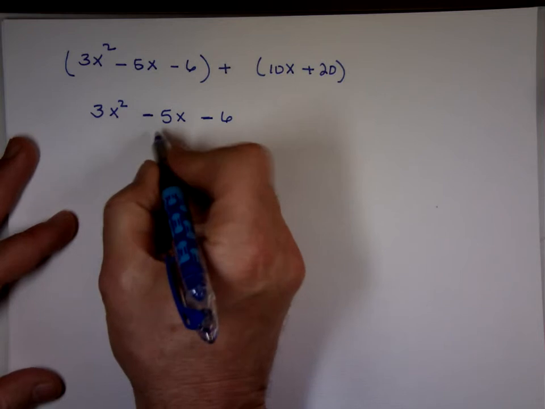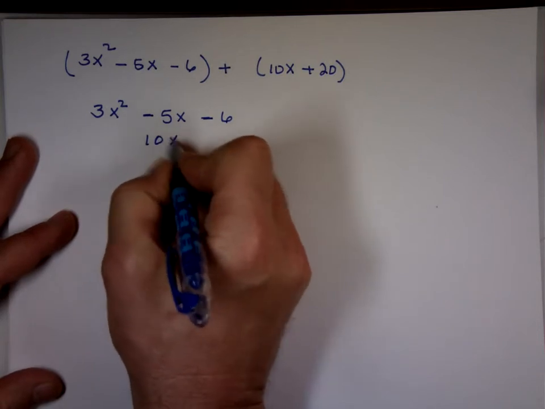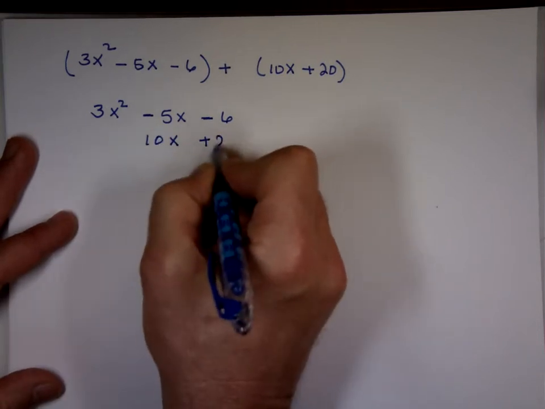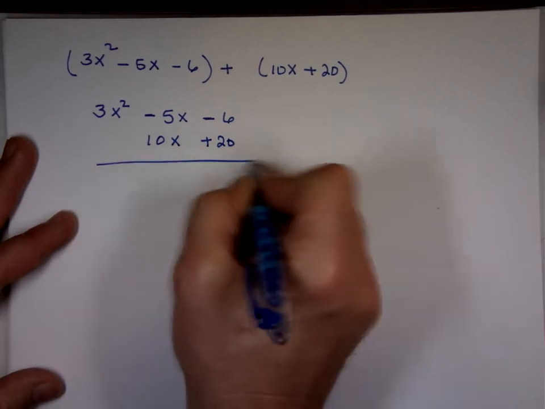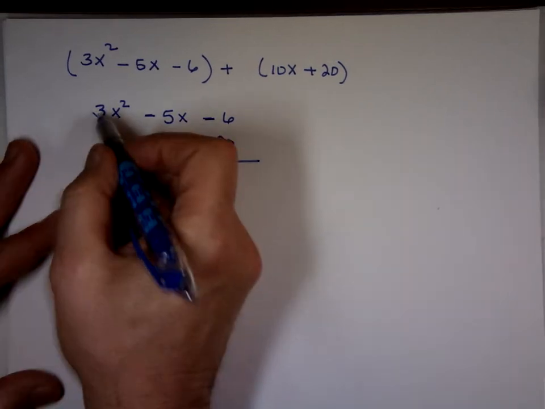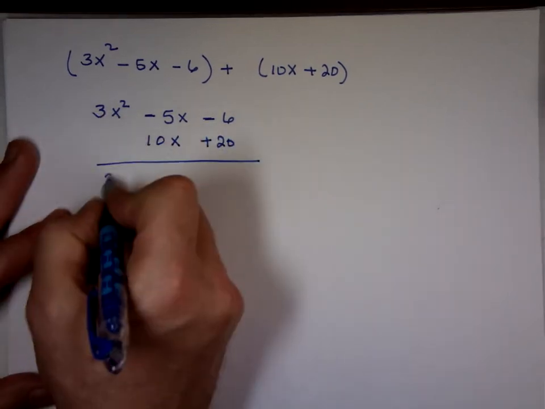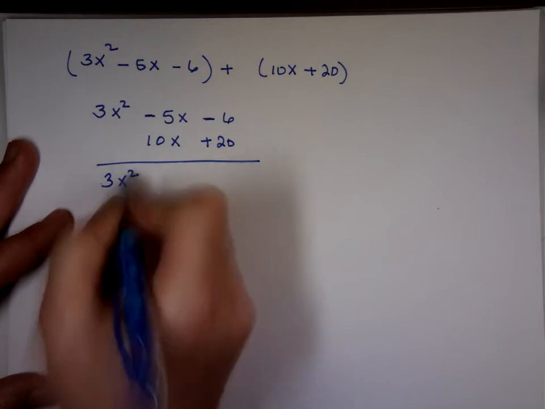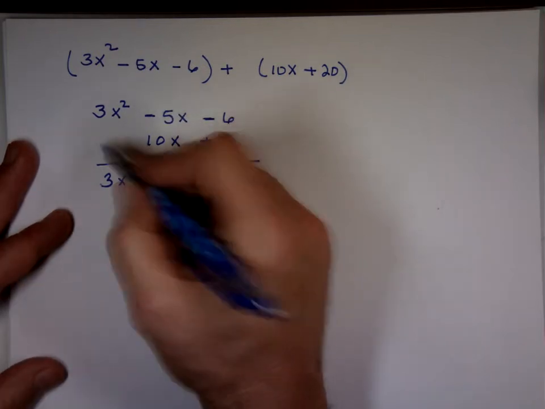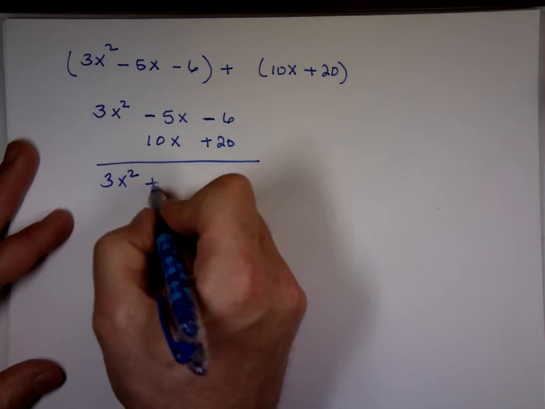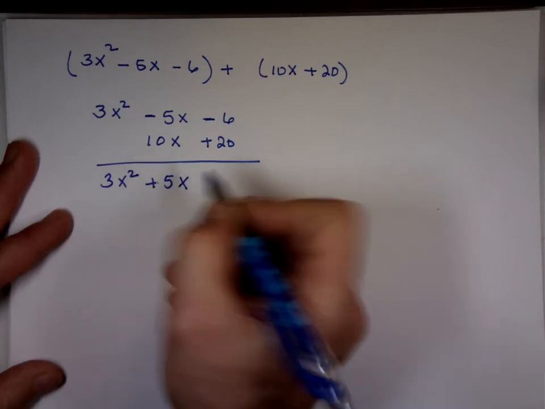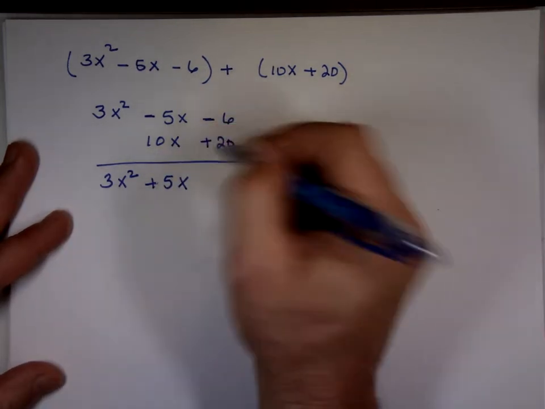So this will be what? 10x plus 20. 3 plus nothing. Minus 5 plus 10. Minus 6 plus 20.